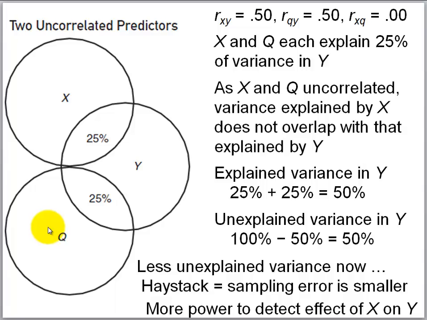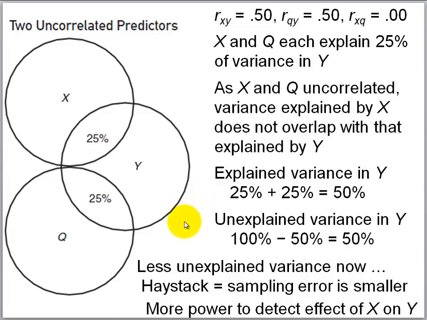Now, what is the explained variance in y in this situation? X explains 25% of the variance. Q explains 25% of the variance. So in this situation, 50% of the variance in y is explained.